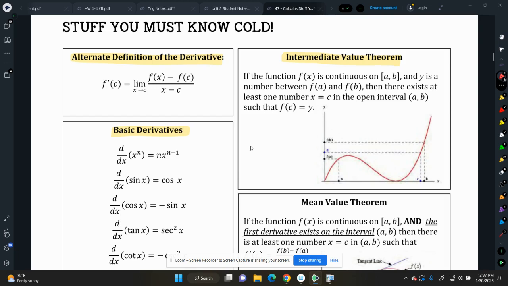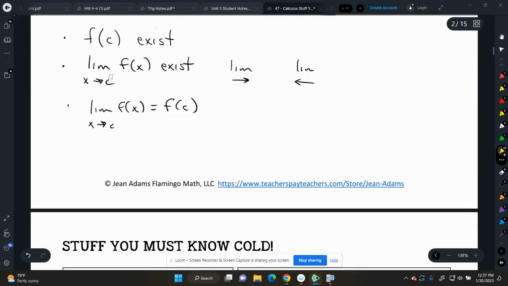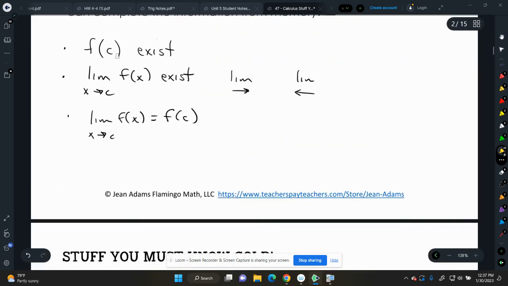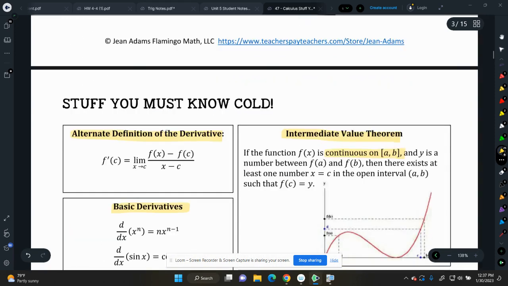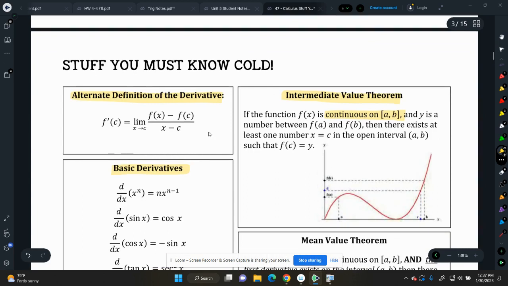That's what the intermediate value theorem is saying. So if you look at this, function f of x is continuous on [a, b]. So it's continuous. If it's continuous, what do we know? We know these things: it exists at that point, the limit exists, and the limit is equal to the function at that point. y is between f of a and f of b.